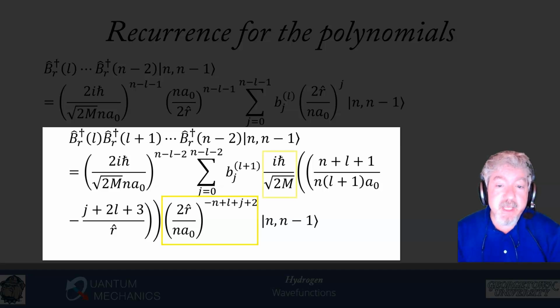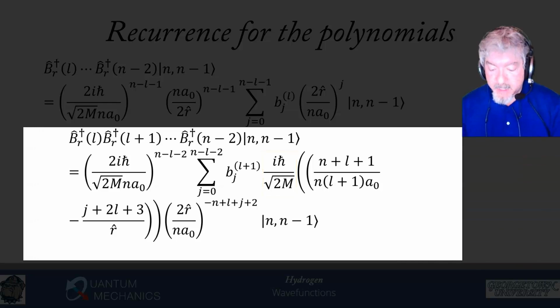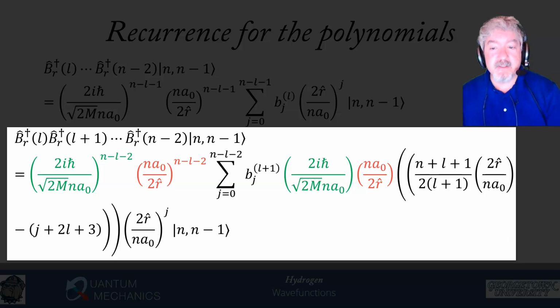And then what I'm going to do is I have an i h bar over square root of 2m. I'm going to pull out another factor of 1 over r. And I'm going to take that i h bar over square root of 2m. I'm going to divide that by an n a0 and multiply the 1 over r hat by an n a0. And then I'm going to do the same thing with a factor of 2. I'm going to multiply the constant and divide the power of 1 over r hat. And what you can see we get there is then this green and red term that we factored out.